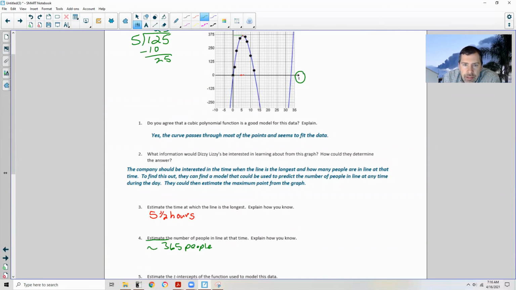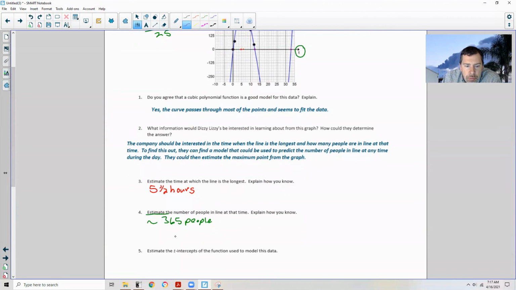So what they're saying is, where is this function crossing? So I want to know what this value is here, this value here, and this time here. So let me scroll up. So I would say t equals 0. Right here at 0 hours, it was 0.